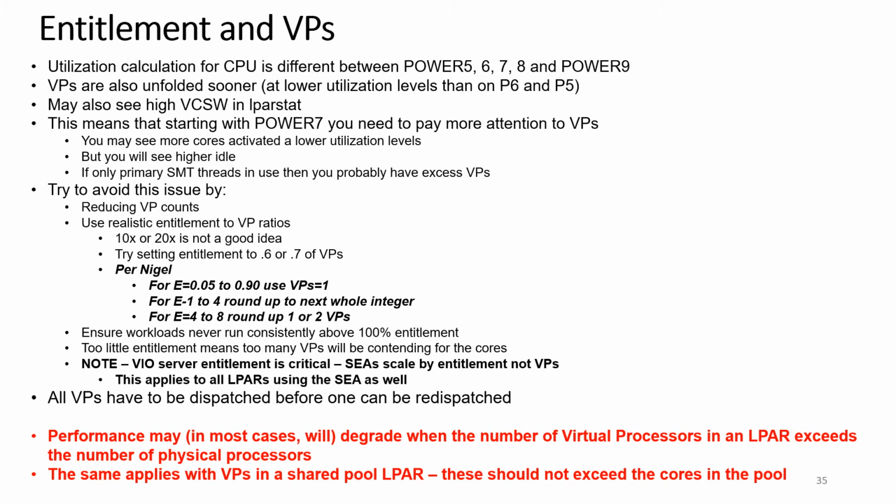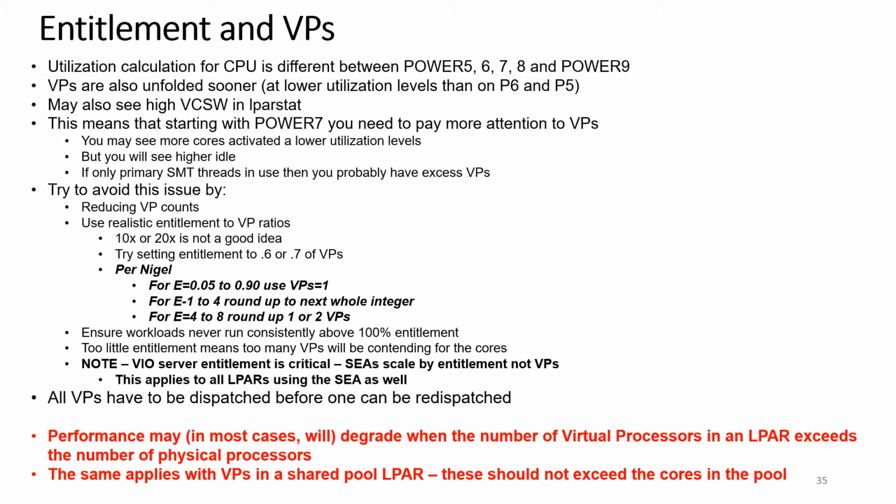The reason we're concerned about virtual processors is that every virtual processor has to be dispatched before one can be redispatched. As an example, what I see sometimes is a shared processor pool, and let's say there are 20 cores on the server. They'll allocate 22 cores to the shared processor pool, which you shouldn't be able to do, or they'll give an LPAR more VPs than there are physical processors in the server or processors in the pool.